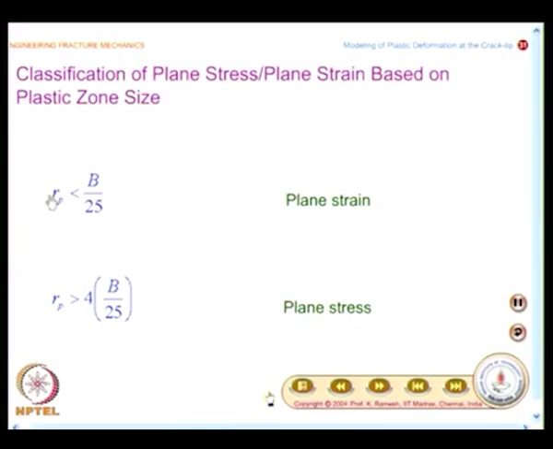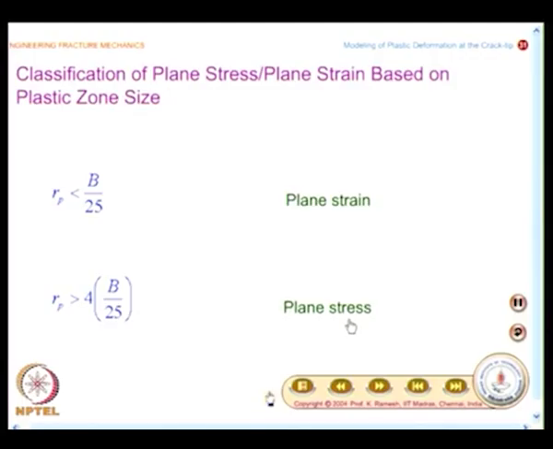If the size of the plastic zone is less than B by 25, where B is the thickness of the specimen, the plastic zone size is very small, you could idealize that you have a plane strain situation. Suppose you have the plastic zone size is greater than 4 times B by 25, you could idealize that the situation is plane stress.